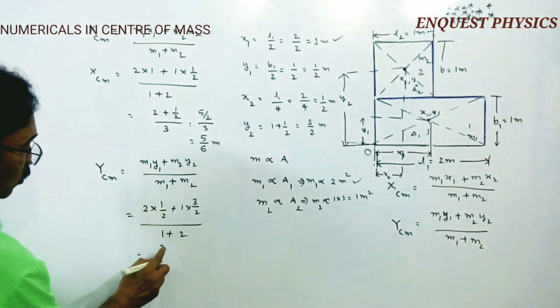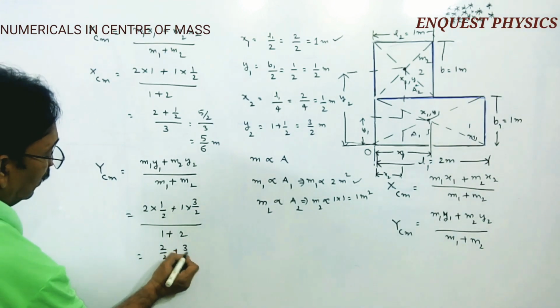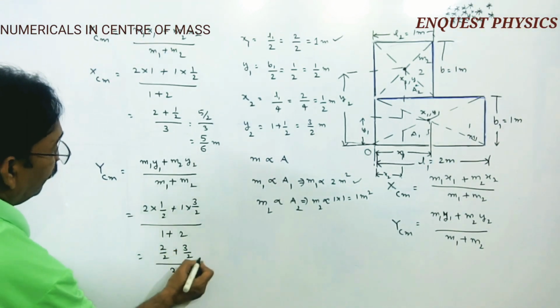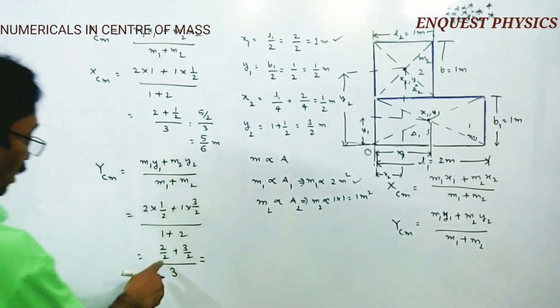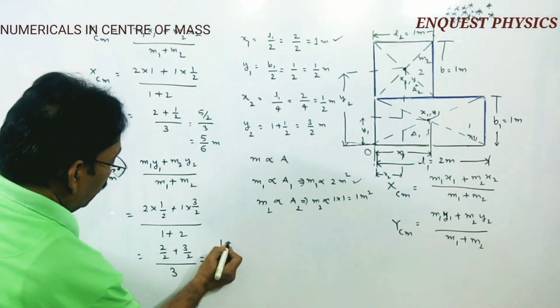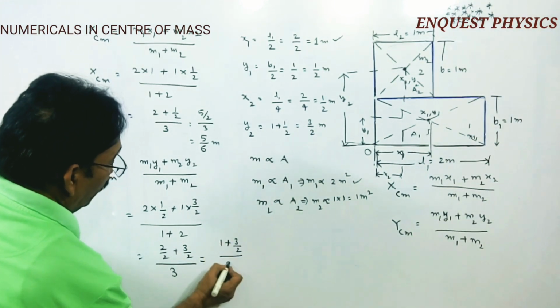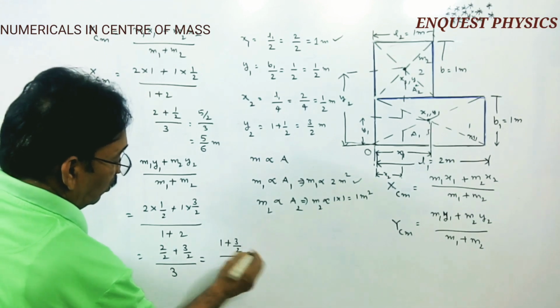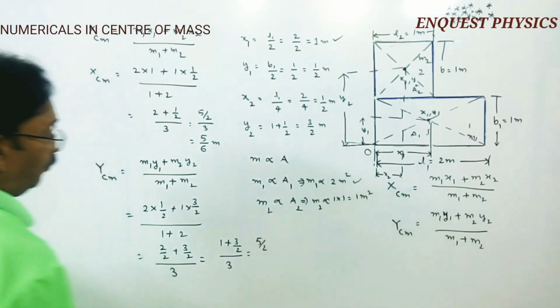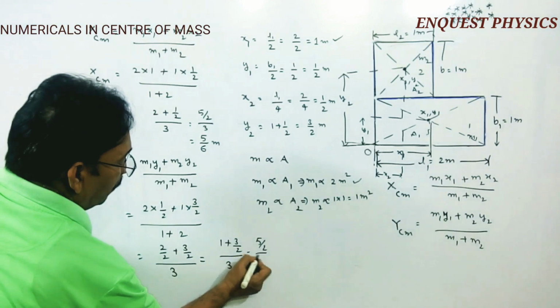It is 2 by 2 plus 3 by 2, which is 5 by 2, divided by 3.